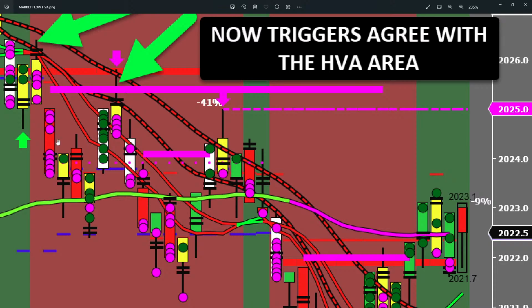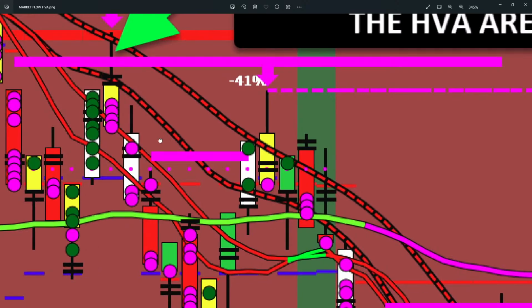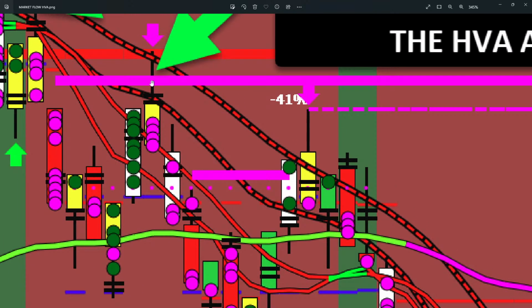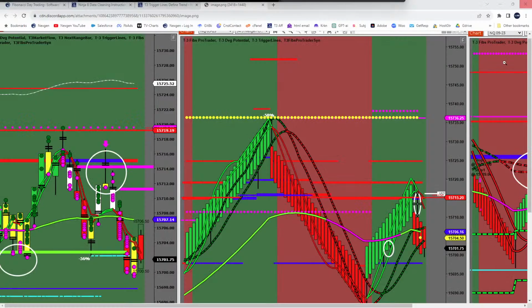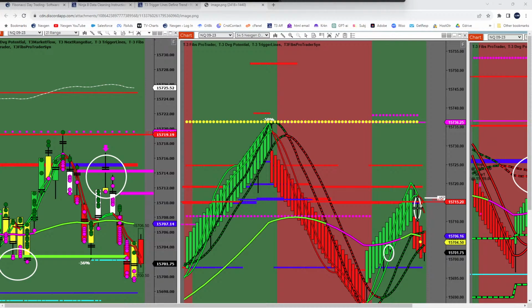You could pretty much trade any damn area that you want to with those two rules, but Fibonacci resistance and a high volume line with helpful triggers, that's the trade you want to take. When I look at yours, I see fibs and a high volume line, but I don't see helpful triggers. And I look over here on this chart, the 34.5 chart, I don't see helpful triggers.